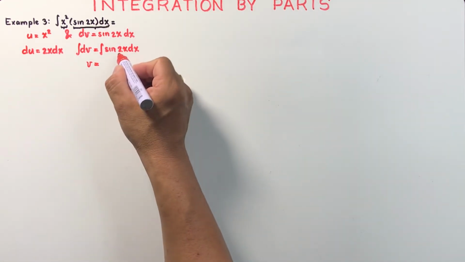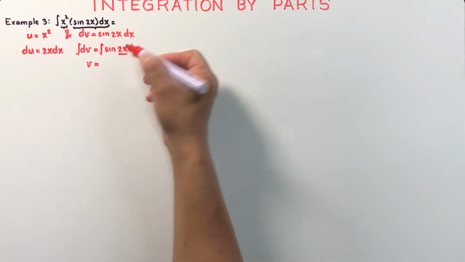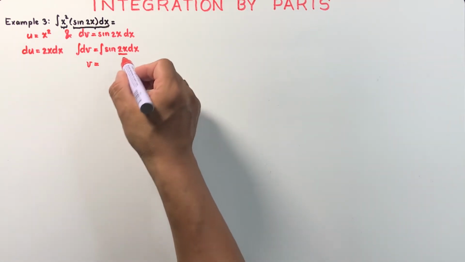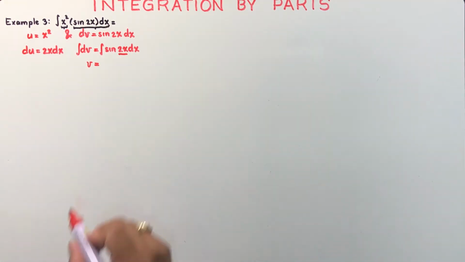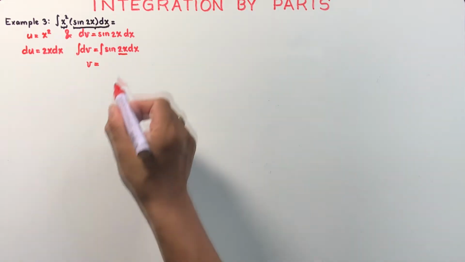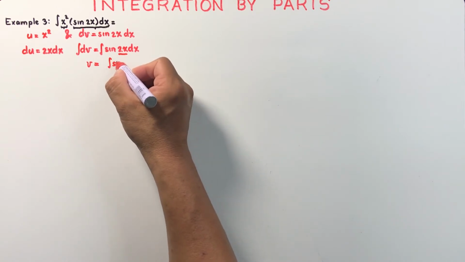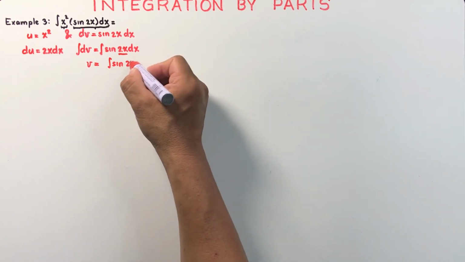Now remember that if this is our argument of sine, then by the chain rule, the derivative must be there also. And we know that the derivative of 2x is 2, but we don't have a 2 there. So we might as well add a 2 as a factor.